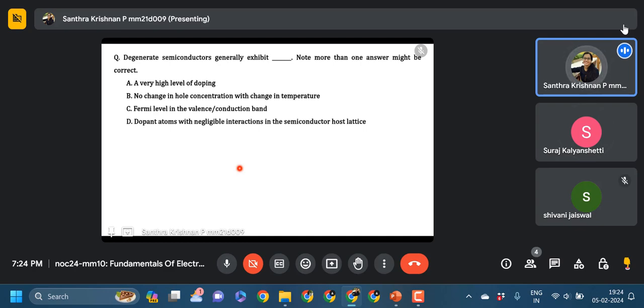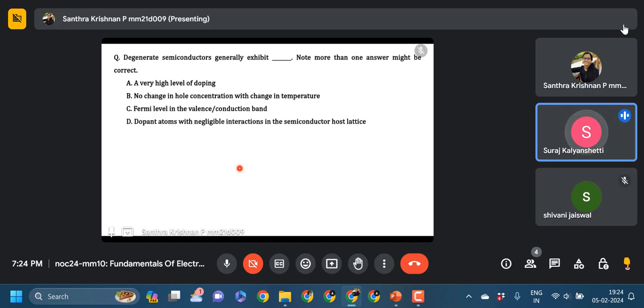You can check either your online sources or your notes and find the basic definition of degenerate semiconductors. Once you tell me the definition, we can go through the explanation for the options. So degenerate is more of an impure semiconductor, is what you told. Based on that I will try to search the answer. A, a very high level of doping, that is correct.